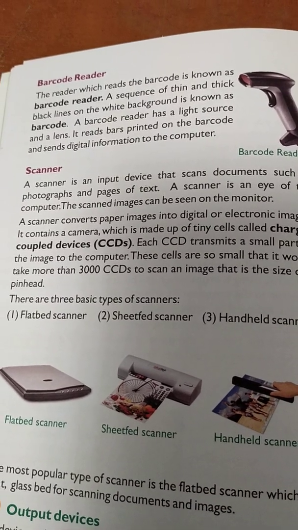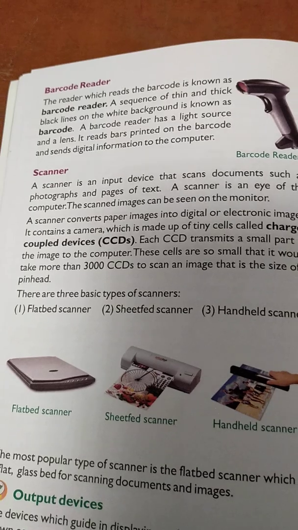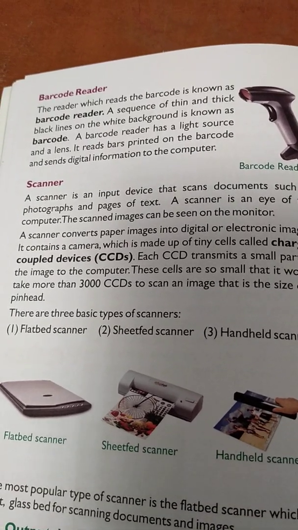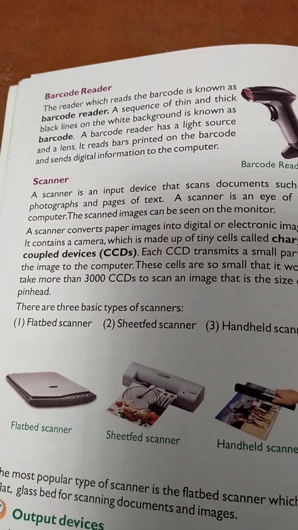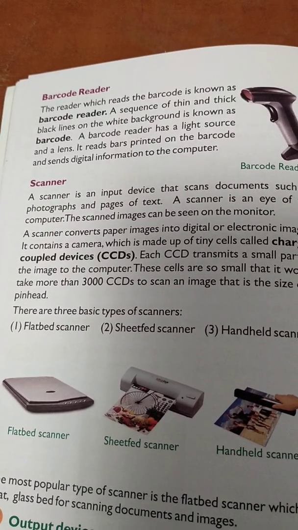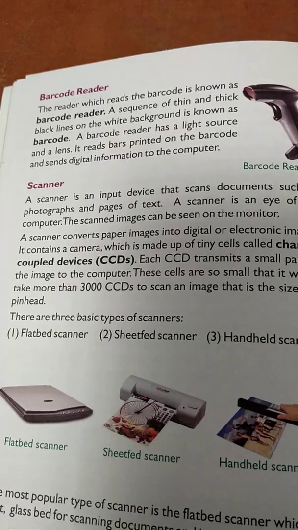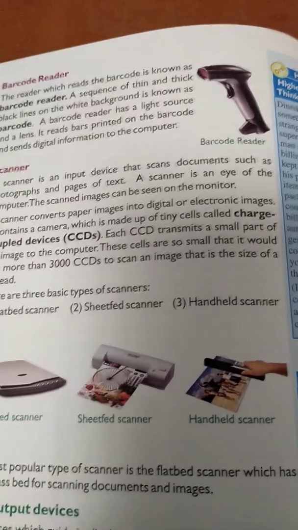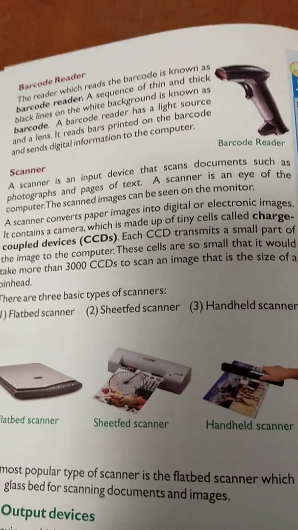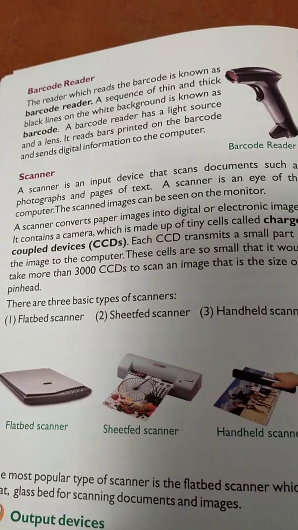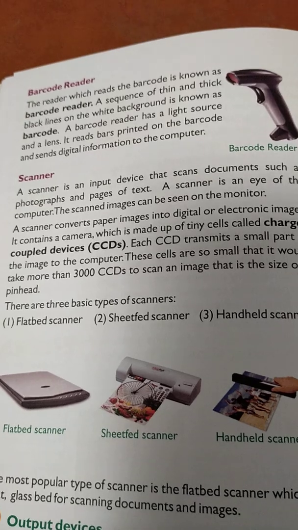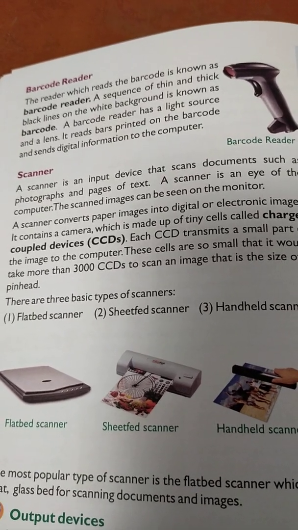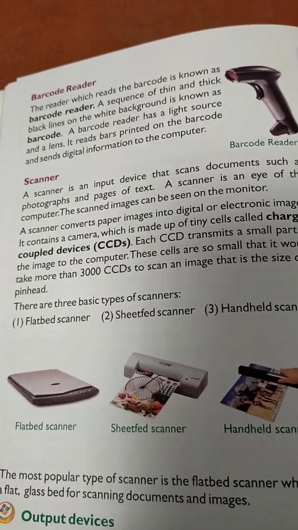It reads the barcode and sends the rate and product name directly into the computer, so we need not enter the name of the product. Did you notice that? This is the barcode reader, one of the input devices.